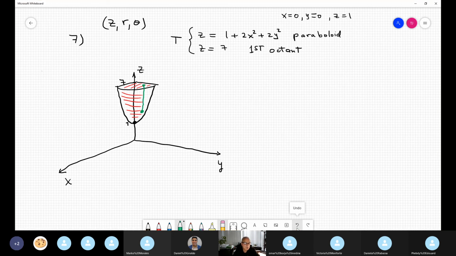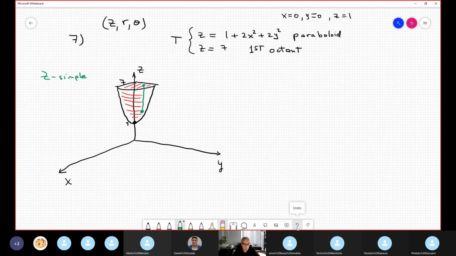Using z, simple. However, the intersection between that surface, paraboloid and plane, generates one shadow in the other plane, like that.